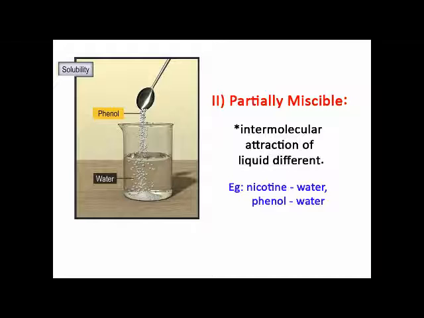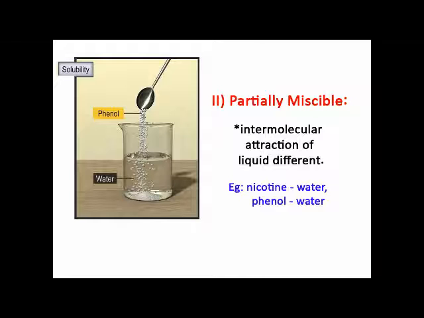Next, partially miscible. Partially miscible means if you take two liquids and mix them, suppose I am considering liquid A and B, after mixing, some of the A liquid will be mixed with B liquid and some of B liquid will mix with A liquid.